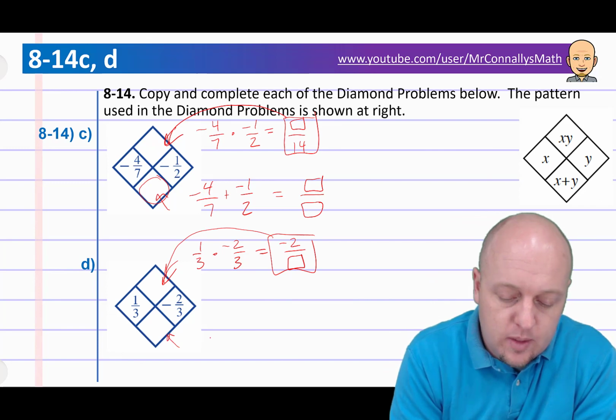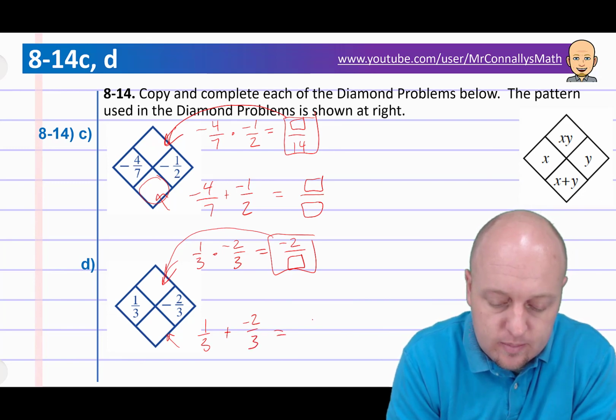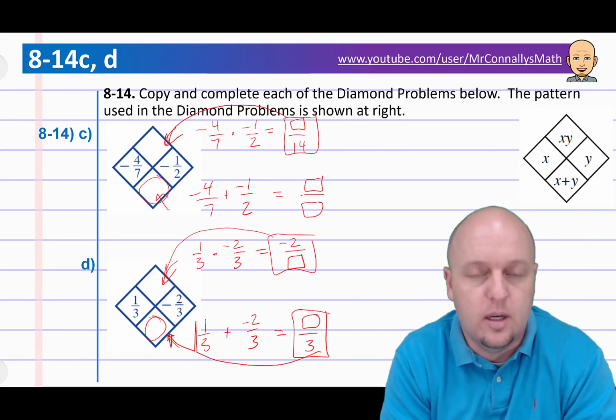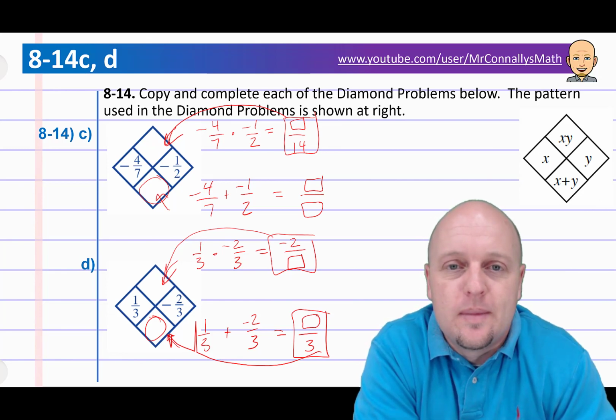And the bottom, I'm sorry, add, this is the sum. So -2/3 plus 1/3. It does have a common denominator of 3. So that should make that one easier to fill in. Okay, pause to finish that up.